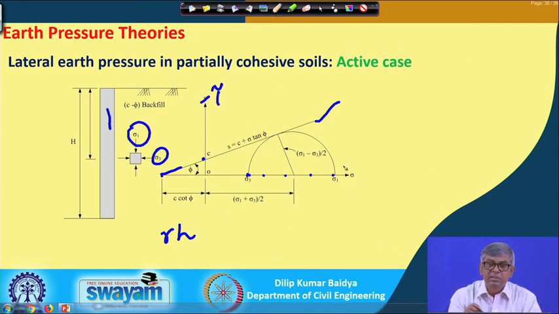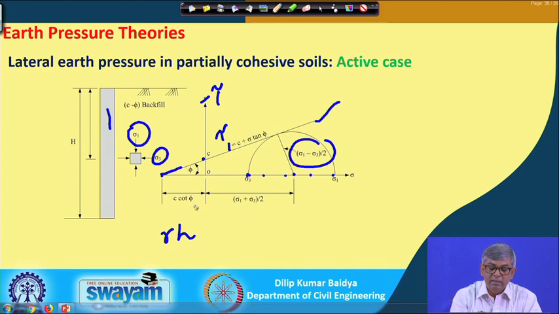Now, if I use this failure envelope and this Mohr circle, this also has to be written as tau. Geometrically, you can see that this is the center of the circle, and if I join it to where it is tangent, that becomes the radius, which is sigma 1 minus sigma 3 by 2.